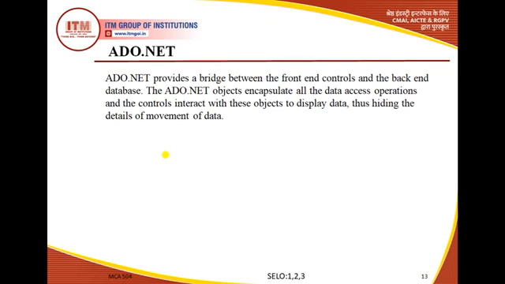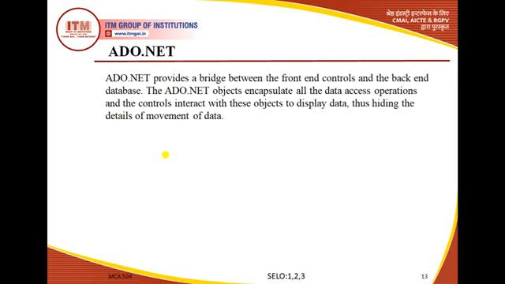What is the encapsulation property in the object-oriented concept? Encapsulation means hiding the details, without displaying them, here the details of the movement of the data. All the data access operations, and the control interaction with these objects to display the data, are encapsulated, thus hiding the details of the movement of the data.